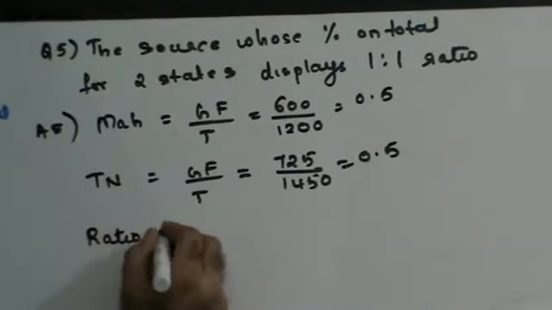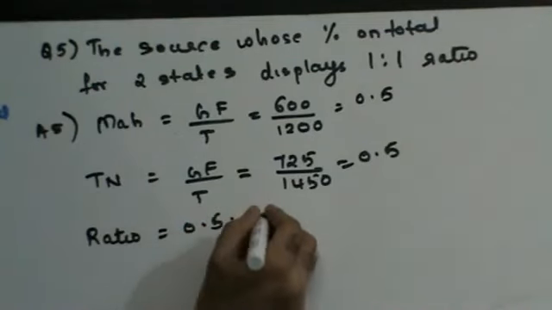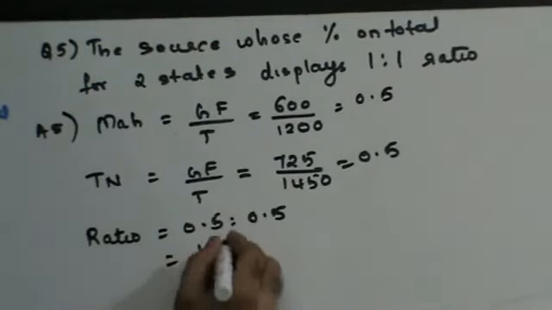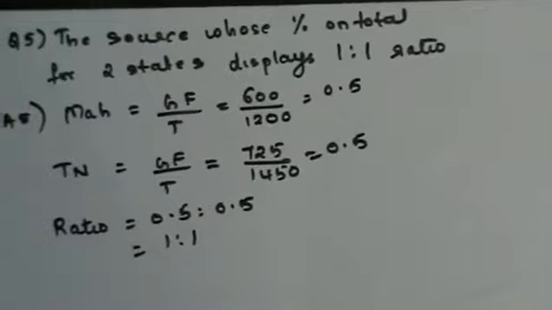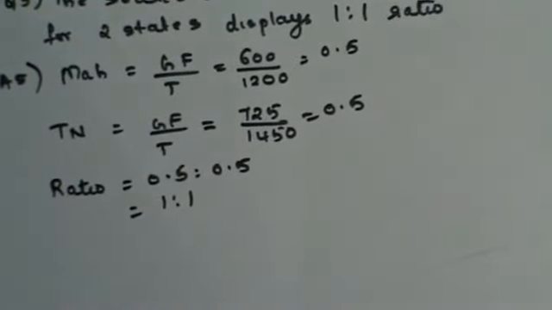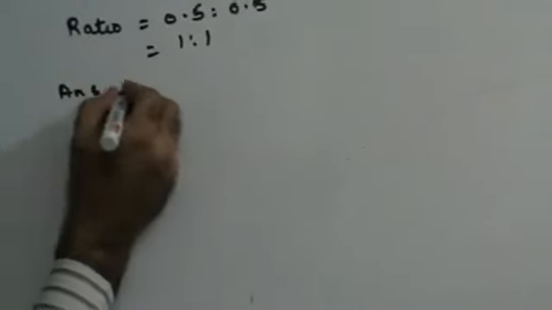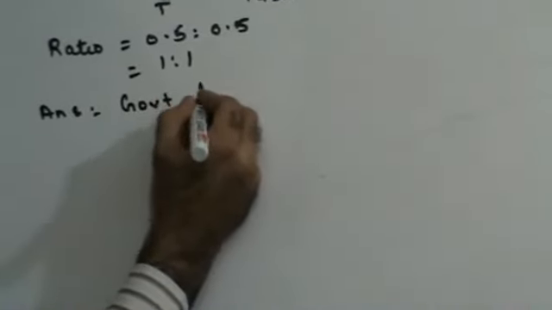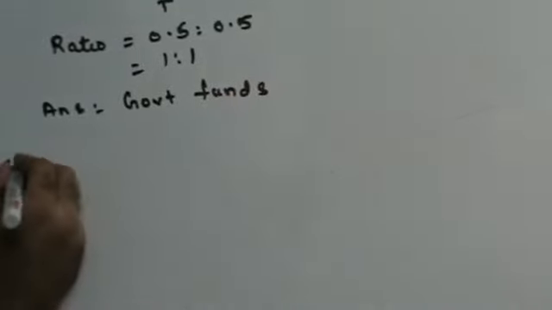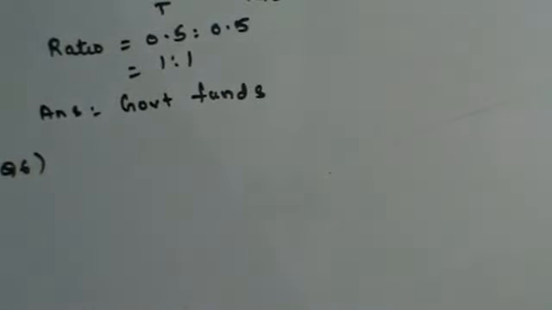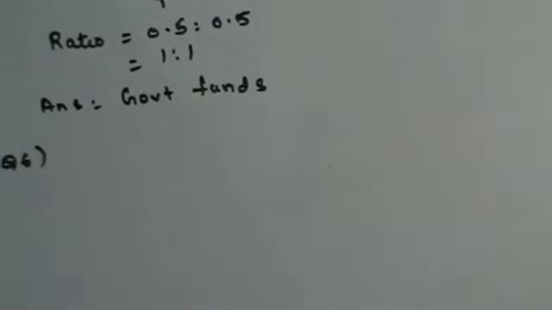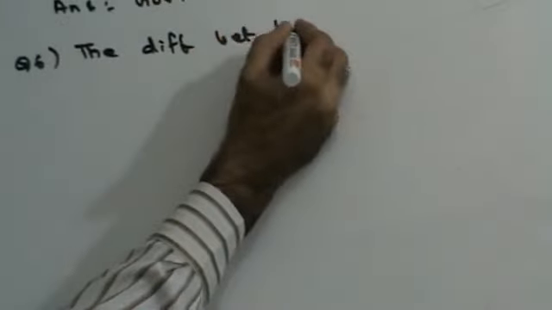Ratio is 0.5 is to 0.5, which is 1:1. So for which source is the ratio 1:1? For government funds. So answer is government funds.